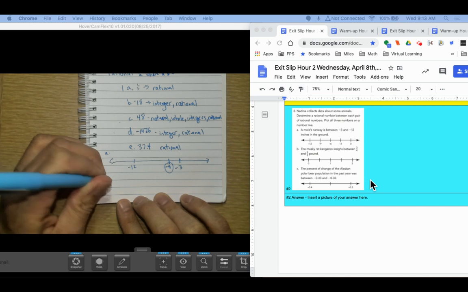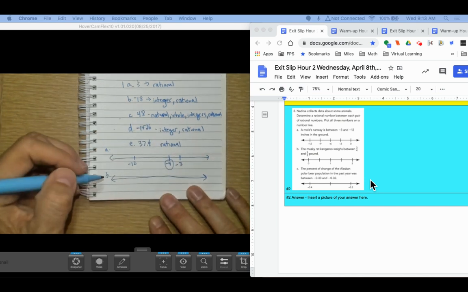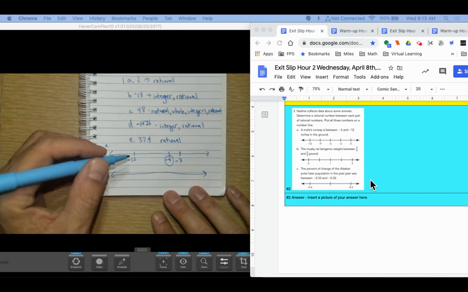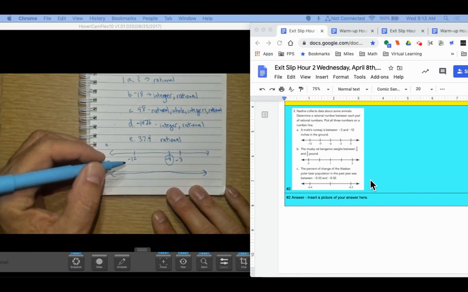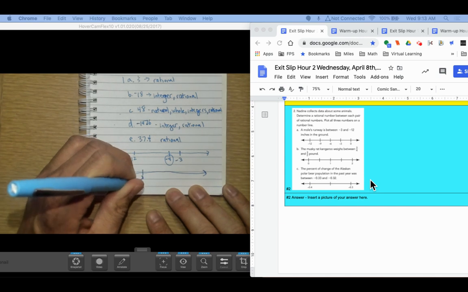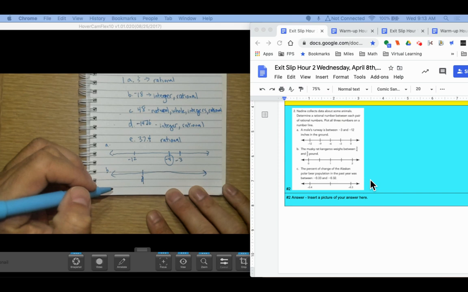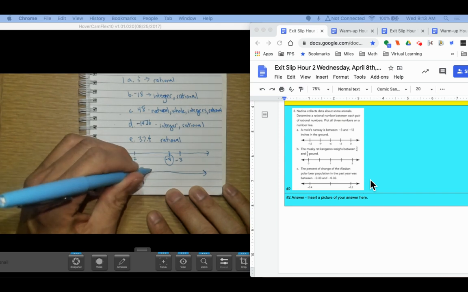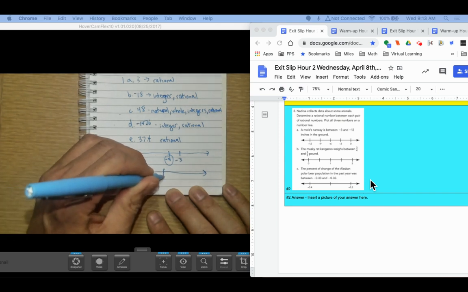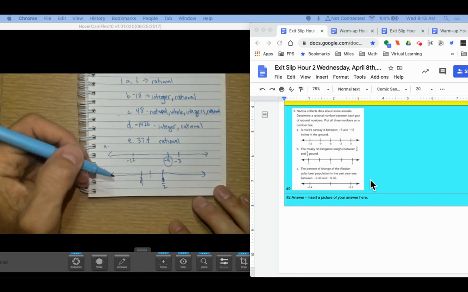Okay. B, the musky rat kangaroo weighs between 3/4 and 3/2 pounds.